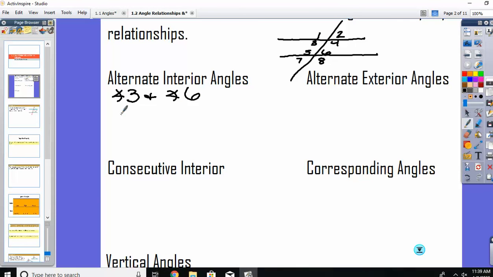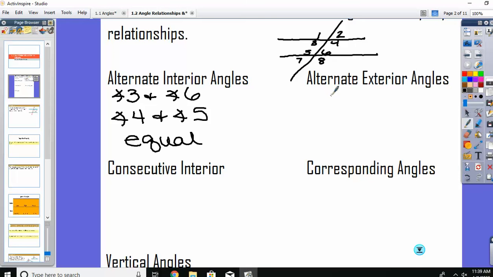There's another set. It would be 4 and 5. Okay, what would be true about those measurements? Equal measures, or you could say congruent angles.